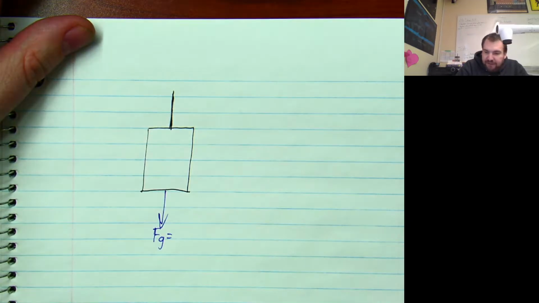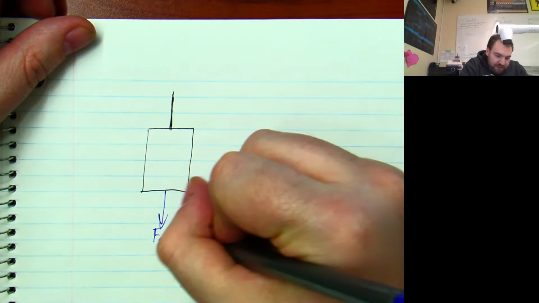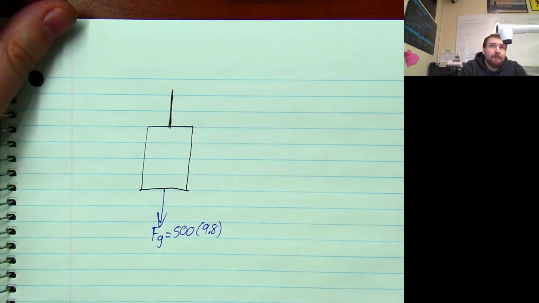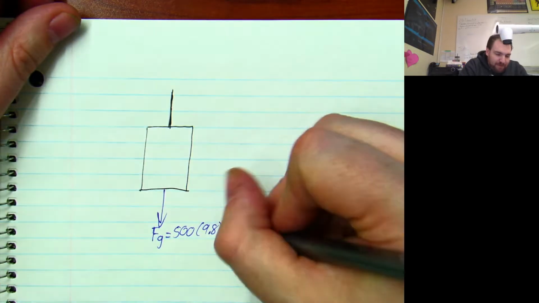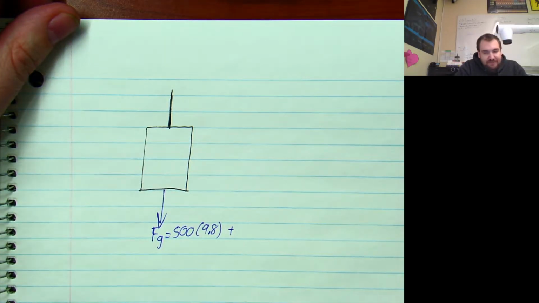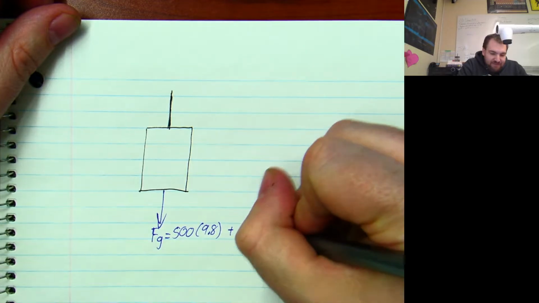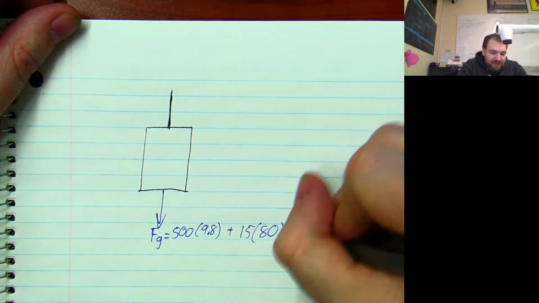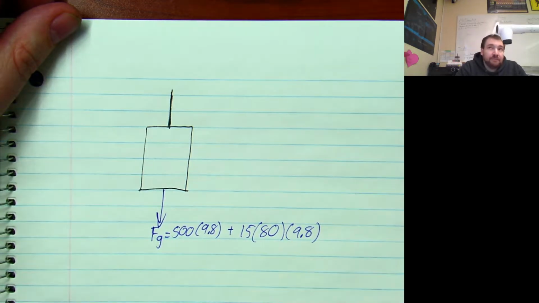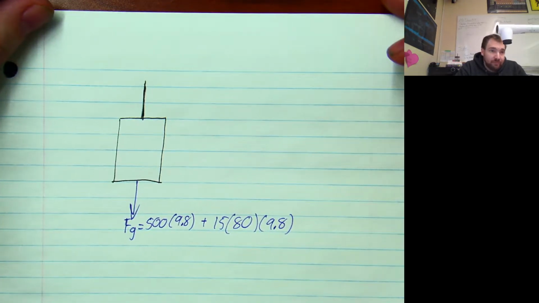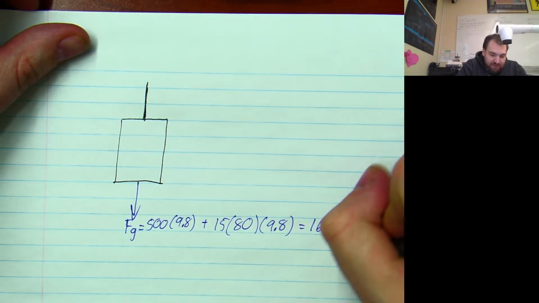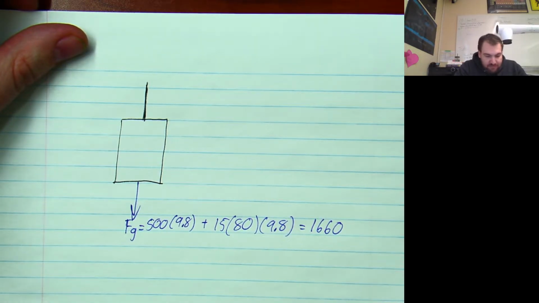Fg for the elevator is going to be 500 kilograms times 9.8, given the information in the question. Well, you also got to add the people. Oh, shoot. Plus 15 people times 80 per person times 9.8. All of it combined is 16660. An extra 6.